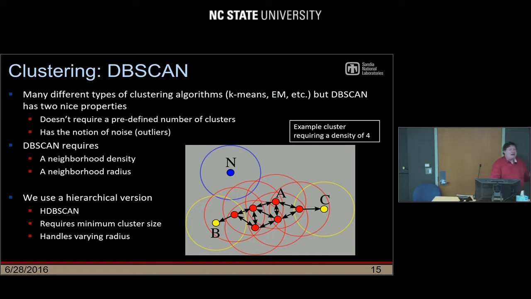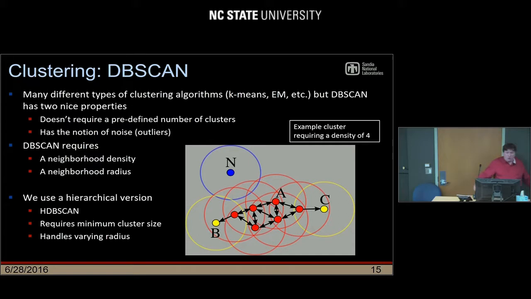Second, it has the notion of an outlier. Common clustering algorithms like k-means, which is the first one you learn in a data analysis class, will put every point into a cluster no matter what, even if it doesn't make sense. Well, this algorithm, points like n over there sitting out in the middle of nowhere, it'll say, yeah, this is just off on its own.